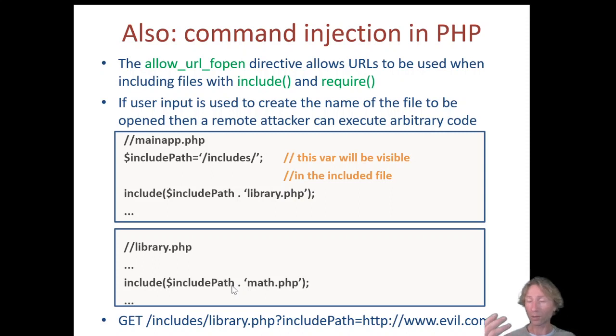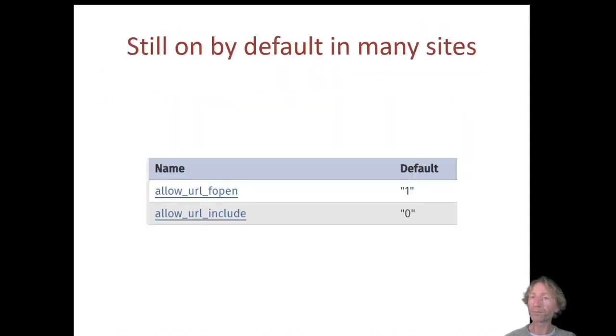Mind you, this assumes that the include path can be set in this way. In other words, this would be the case, for instance, with register globals. Now, unfortunately, the allow URL open option is still on by default in many sites. So this is something that you can definitely still scan for, and with some hope of success.